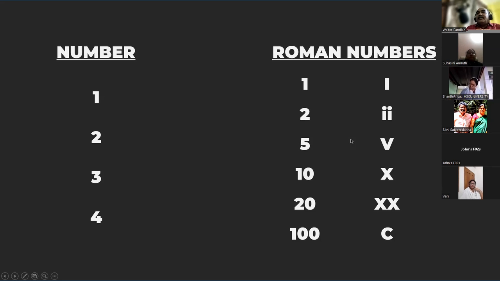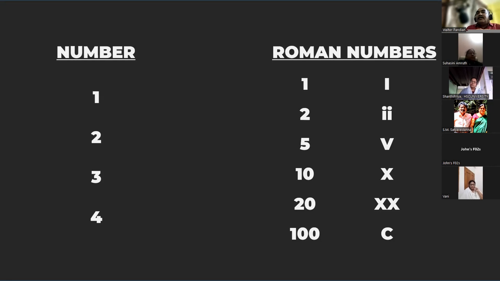For 5, you will write V, the English alphabet V. For 10, you will write X. For 20, you will write XX. For 100, you will write C, C for century. So in Roman numbers, we write alphabets because some alphabets have values.